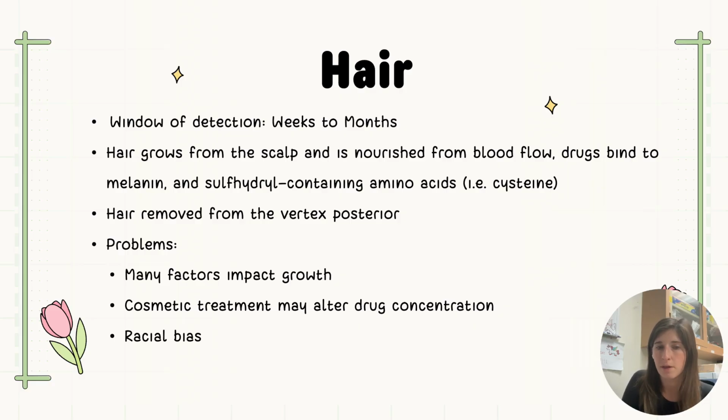So you're removing those melanin molecules that are in there, and that's going to release some of the drug that was bound in the hair. And because drugs bind to melanin, which is the colored pigment in hair, this could also lead to a racial bias, such that people who have darker hair are more likely to have a greater concentration of drugs in their system, and that could lead to some sort of a bias.